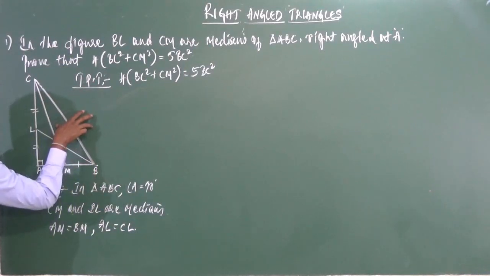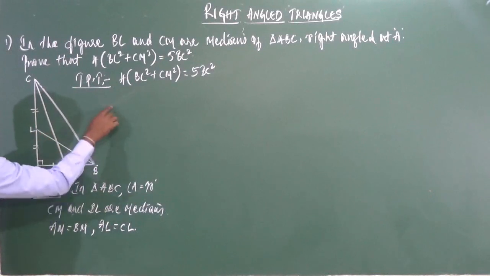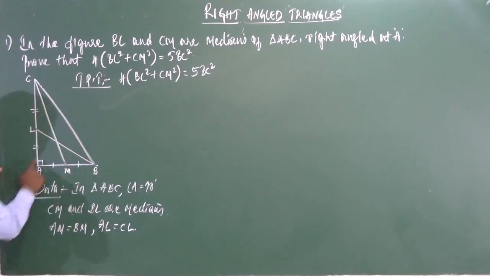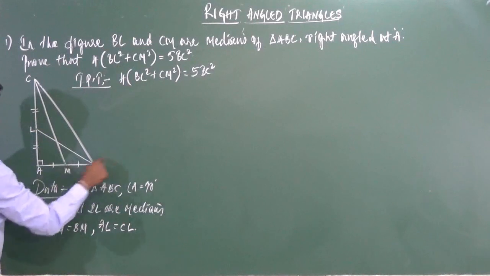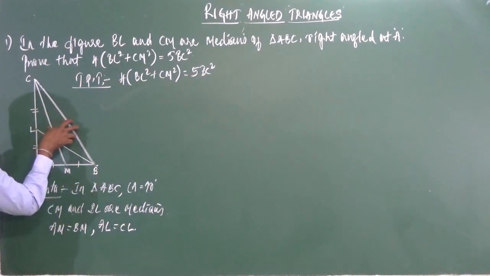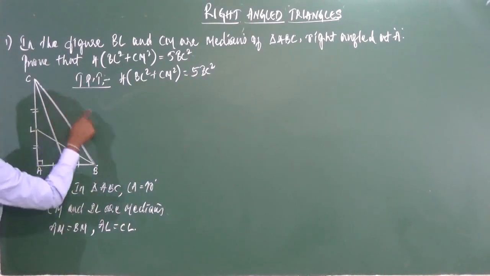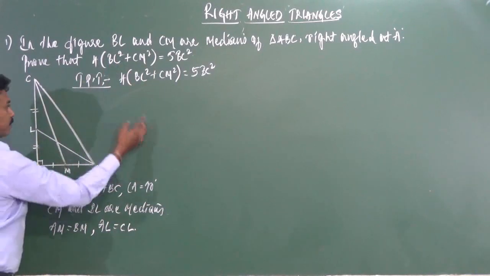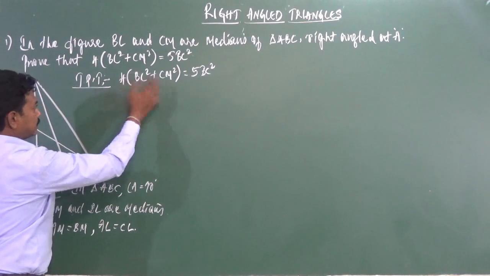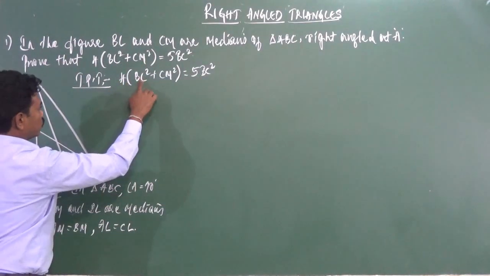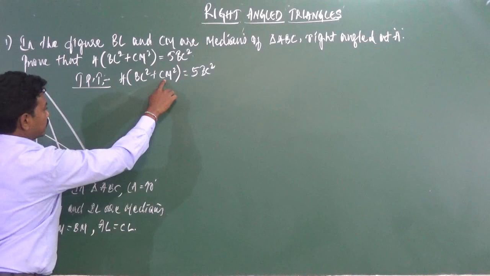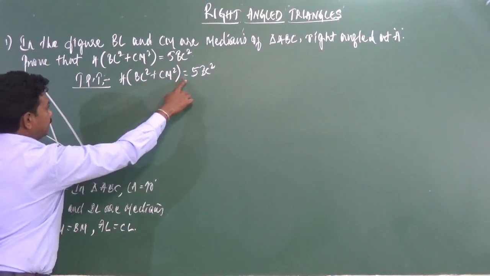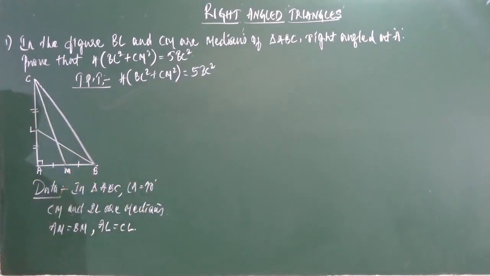So the square on the side BL plus the square on the side CM, that is another median. So when we add the area of the square on BL plus the area of the square on CM and multiply that by 4, that reads as 4 times the square on BL plus 4 times the square on CM is equal to 5 times the square on BC.